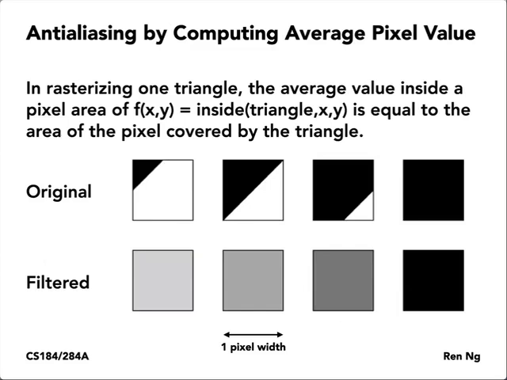The filtered value in this case for this pixel would be the average value inside here: a light gray going to a black in these 4 different cases visualized here for the triangle cutting through this 1 pixel. So that's the idea. Take the original triangle function, interpret it as convolving it with a 1 pixel box and then sampling, which is the same as taking the area coverage, at least I claim.